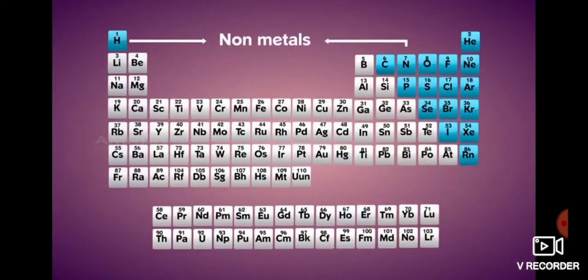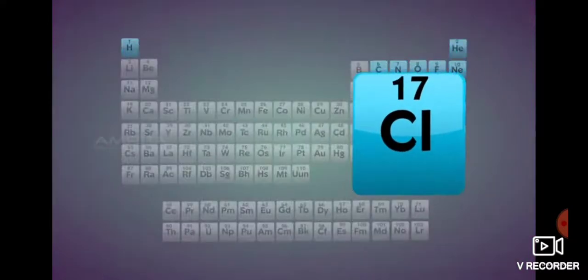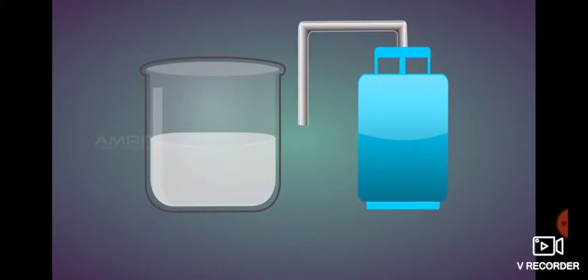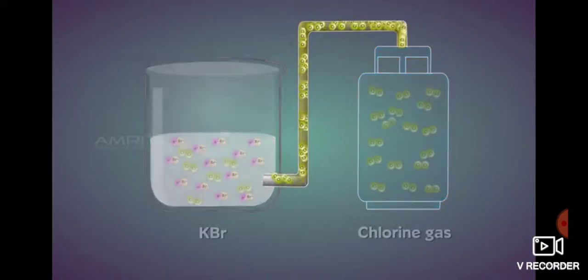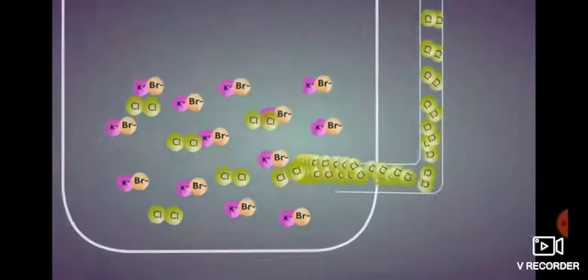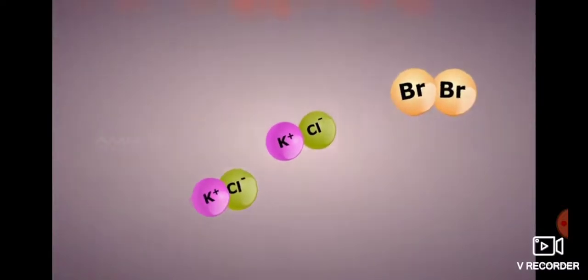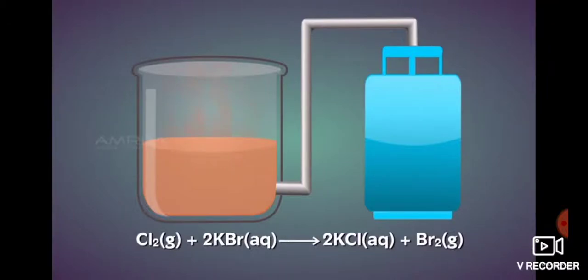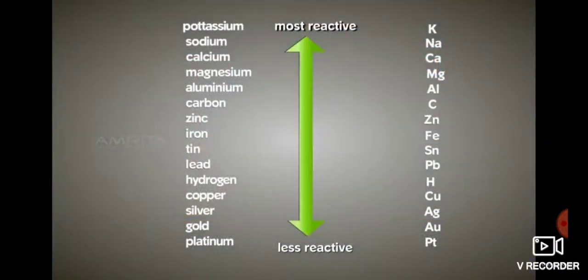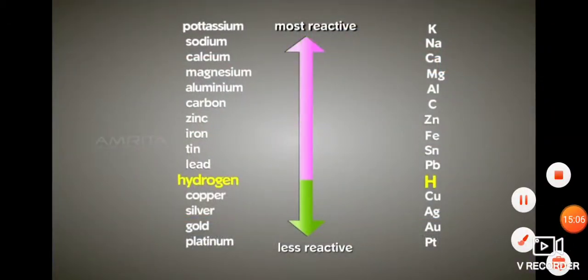Now, non-metals also take part in displacement reactions. When chlorine gas is passed through aqueous solution of potassium bromide, chlorine will displace bromine from potassium bromide solution. Metals which are more reactive than hydrogen displace hydrogen from dilute acids.